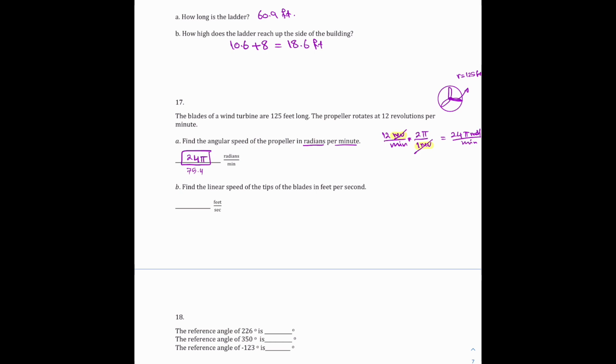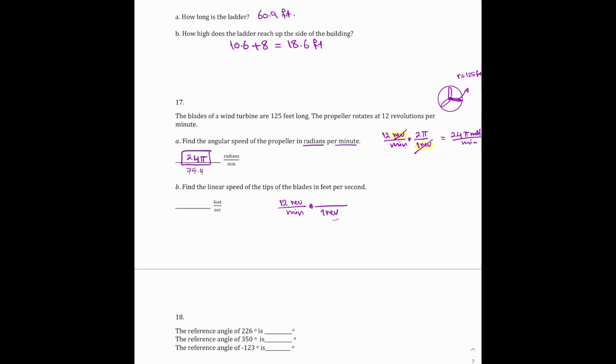We need to find the linear speed of the tips of the blades in feet per second. So now we have the 12 revolutions per minute. The angular speed was 12 revolutions per minute. We need to compute how many feet is one revolution.